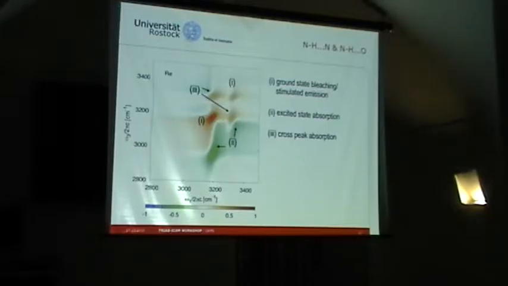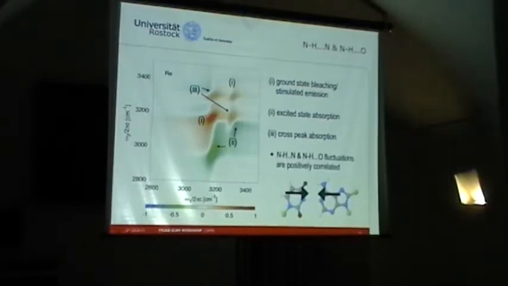So, coming back to what we said about the relation between frequencies and distances, the frequencies get larger when both hydrogen bonds are stretched, because the hydrogen bonding gets weaker. Okay, so we can conclude from that these fluctuations are positively correlated. That is, the preferential motion is that both hydrogen bonds get shorter and longer at the same time, as opposed to the case where one gets shorter and the other gets longer.